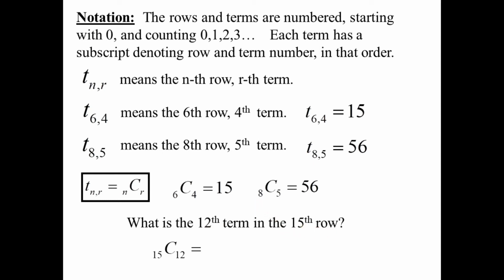Like to go 15C20. We'd be asking for the 20th term in the 15th row. That would make no sense. On a calculator, if you went 15C20, you'd get domain error. But 15C12 should be 455.